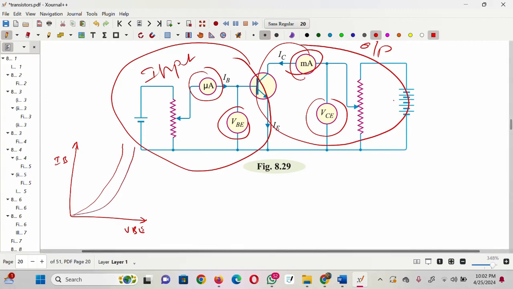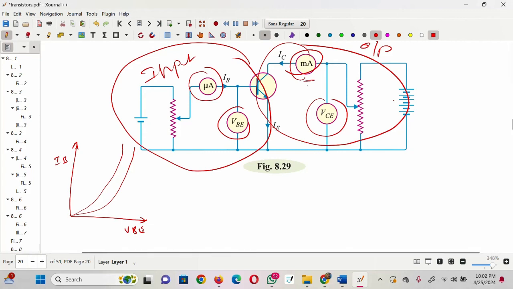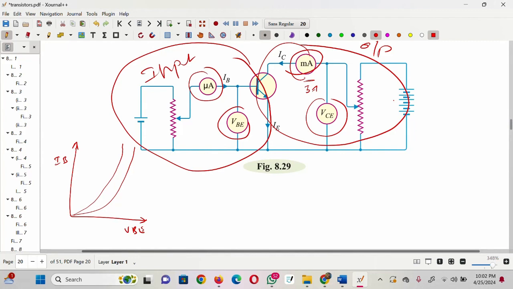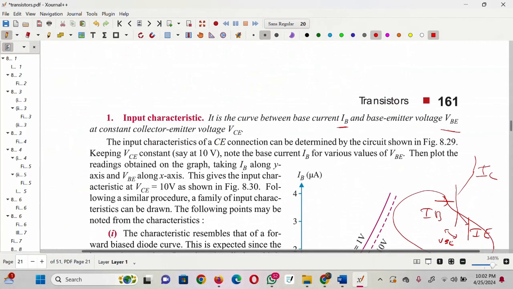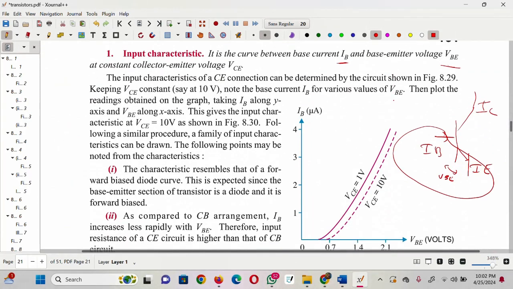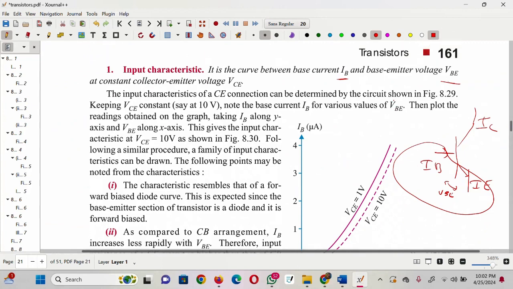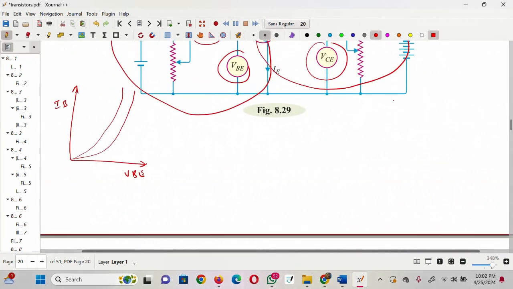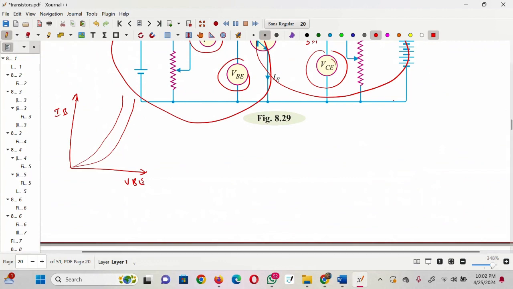We keep a constant value here, and that's why VCE needs to be kept constant. VCE is constant in the input circuit. Then if you change VBE, IB will also increase.